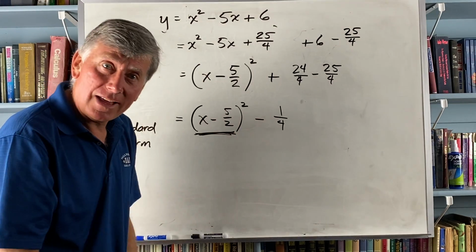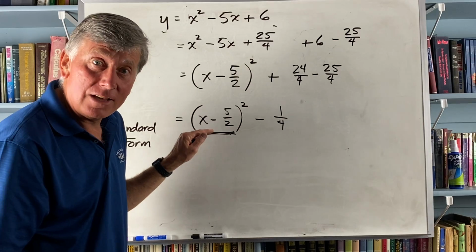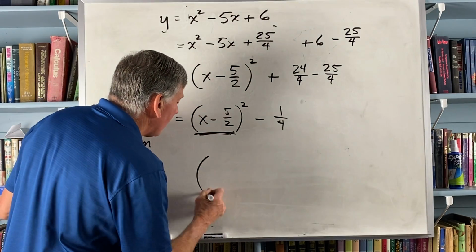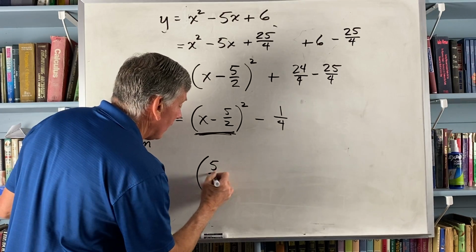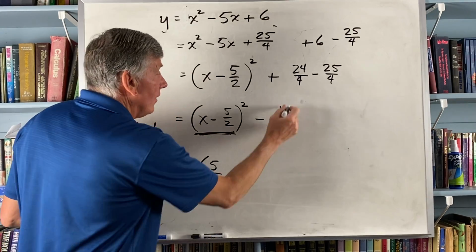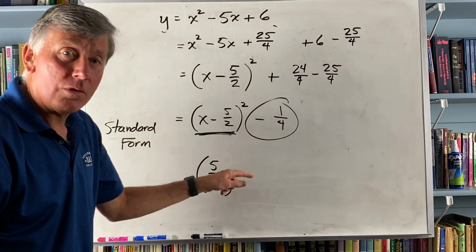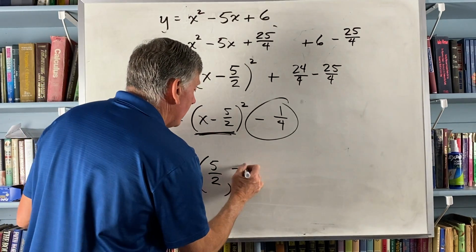Whether it opens up or down, it doesn't matter. When this thing equals 0, that's your minimum, which means your vertex is going to be, for this one, at 5/2, and this guy right here is the y-coordinate of your vertex, -1/4.